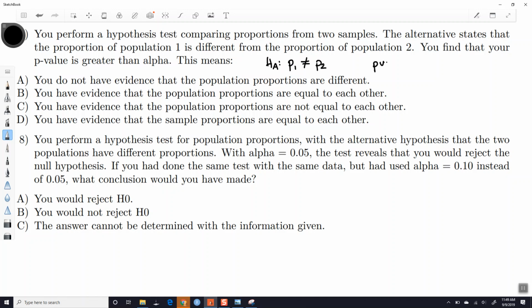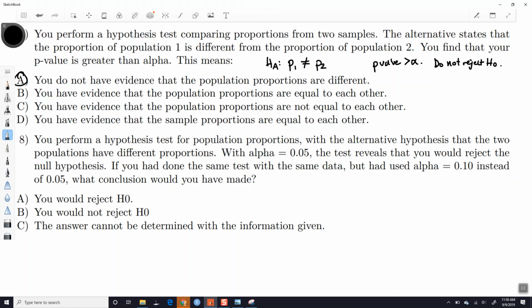So if the p-value is greater than alpha, that means we do not reject the null hypothesis, right? So the only thing that lines up with that is we say that we do not have evidence that the population proportions are different, okay? Do not reject the null does not mean that they are equal, okay? So don't conclude B, all right? And then C and D just don't line up.